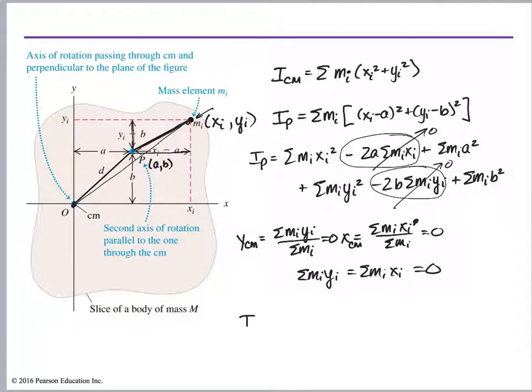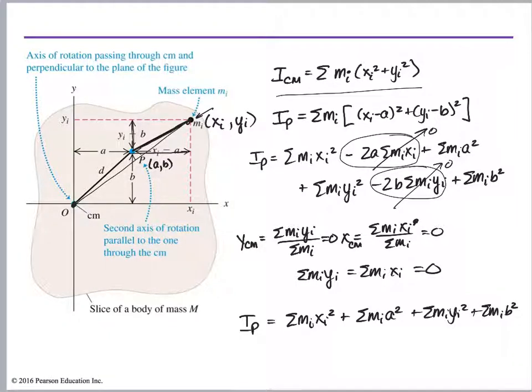And so our I sub P now is the sum of m sub i x sub i squared plus the sum of m sub i a squared plus the sum of m sub i y sub i squared plus the sum of m sub i b squared.